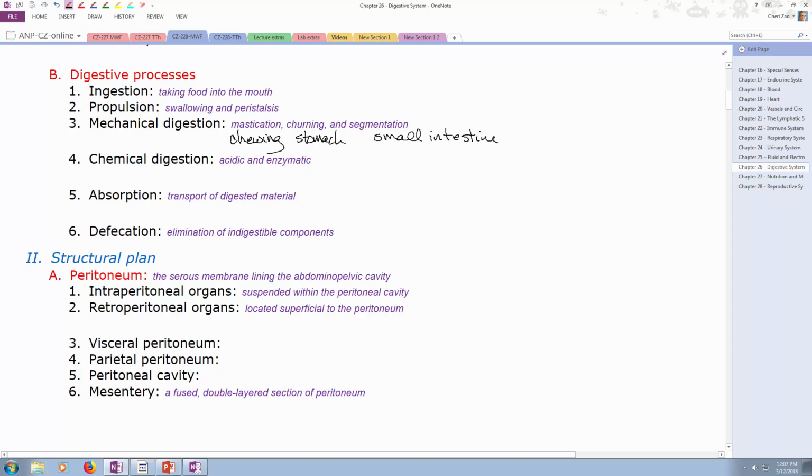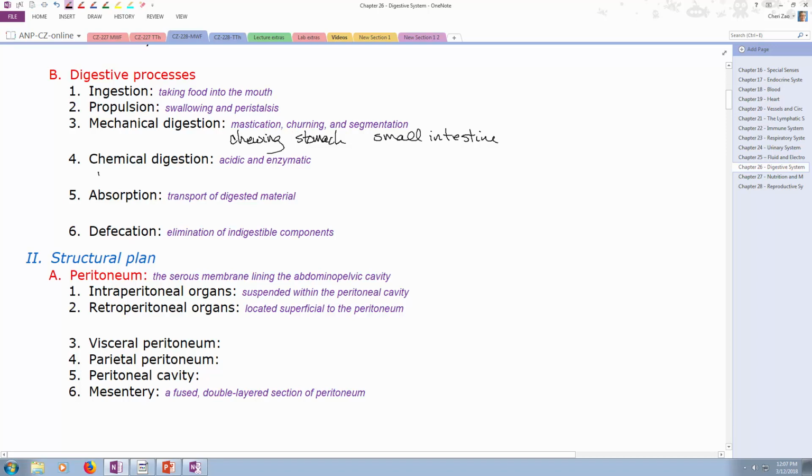All of these mechanical digestion components are designed to pulverize food into itty-bitty parts so that we can then apply enzymes and get them actually broken down into the small chemical form that we need in order to then bring them into our body. And that's what chemical digestion is all about.